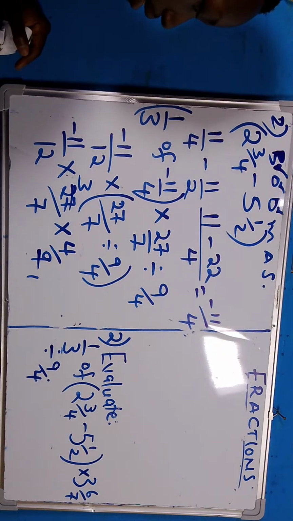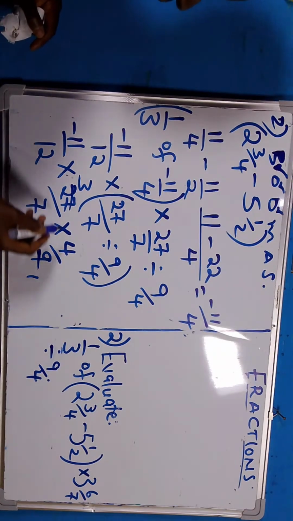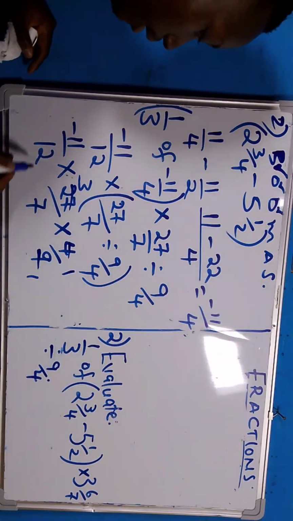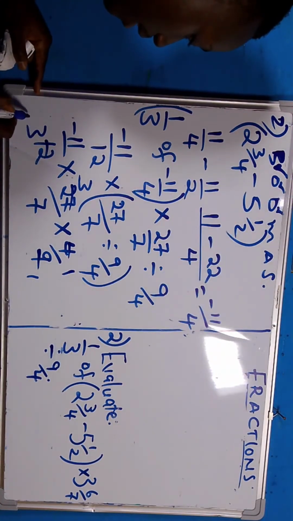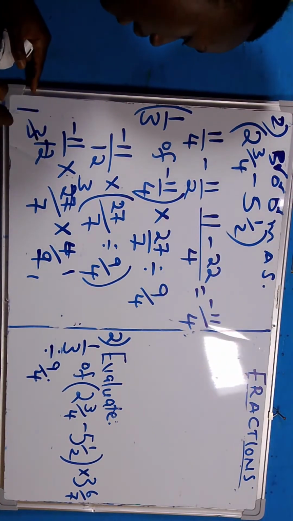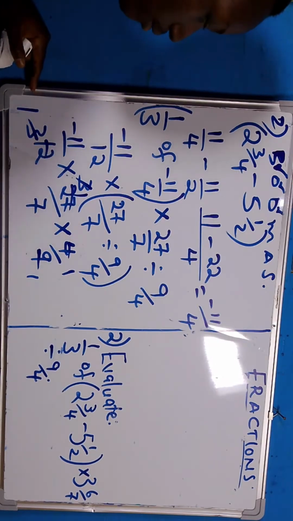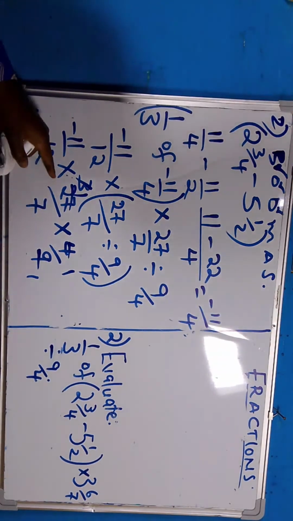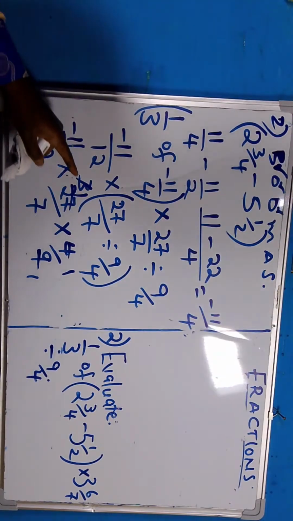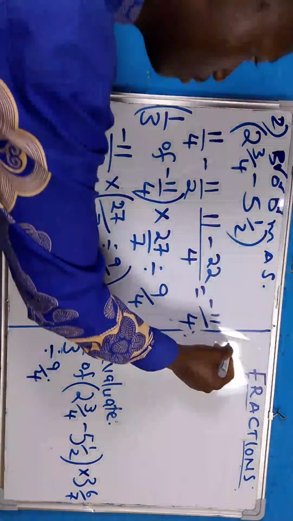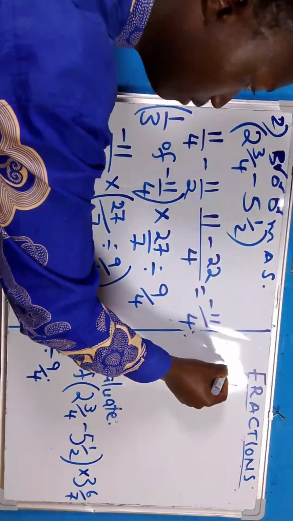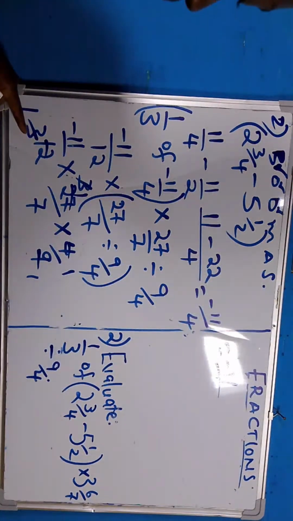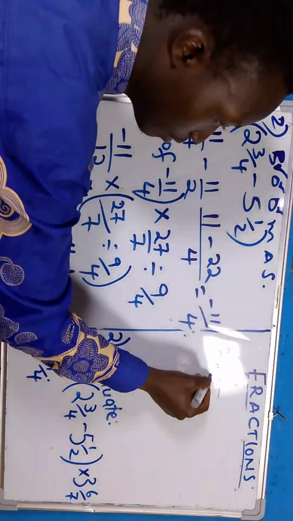Once we get that, we can have by 4: 1 by 4, 3 by 3, 1 by 3, 1, because the whole of it is multiplication. So we will have 11 times 1 is equal to 11, negative 11 over 1 times 7 times 1 is equal to 7.